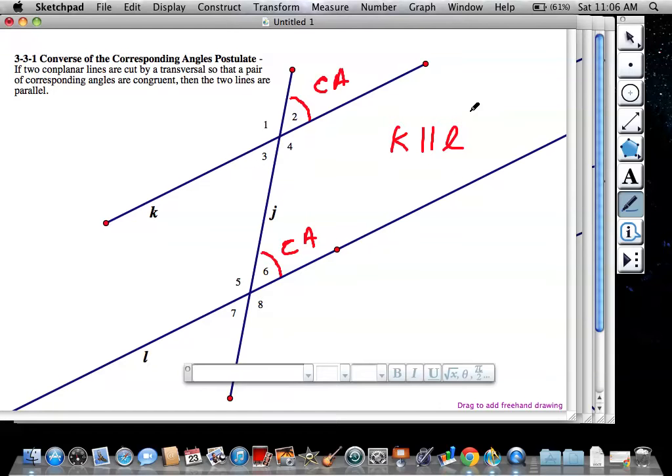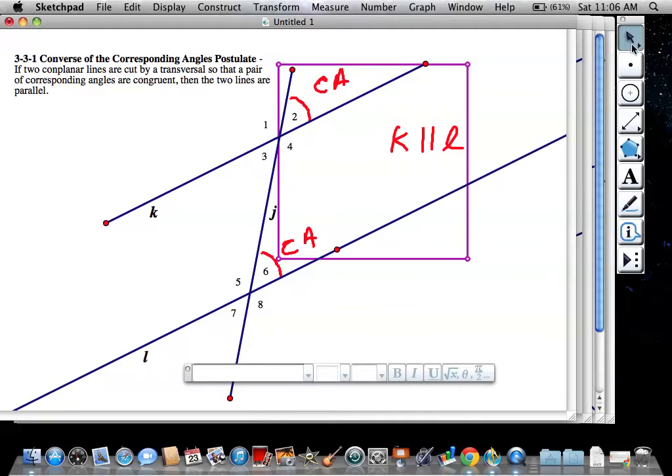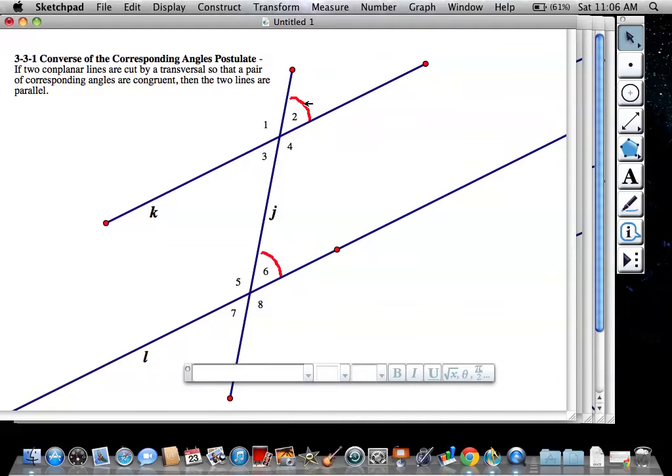Now let's say that I wasn't told that 2 and 6 were congruent, but instead was told that the angle measure of 2 is 23x plus 38, and the angle measure of 6 was 17x plus 56.